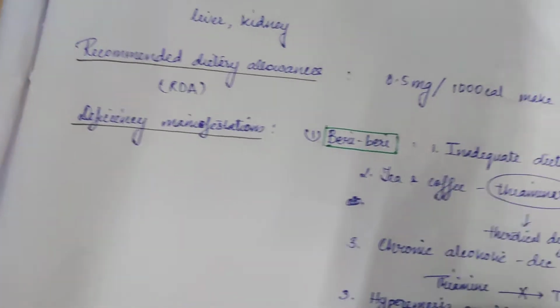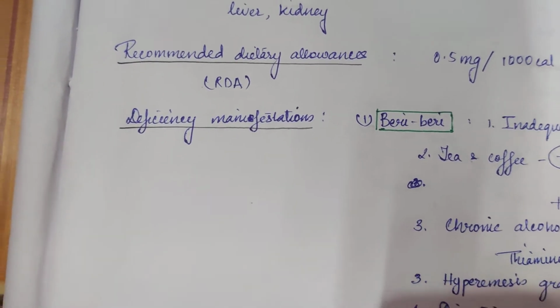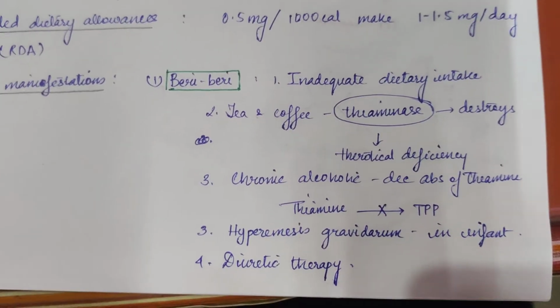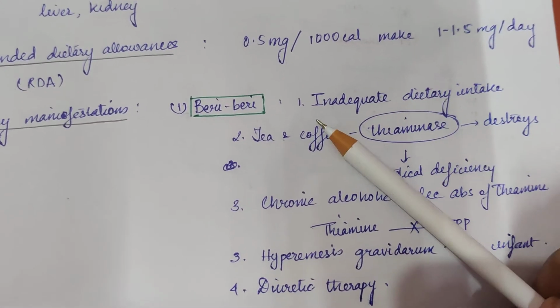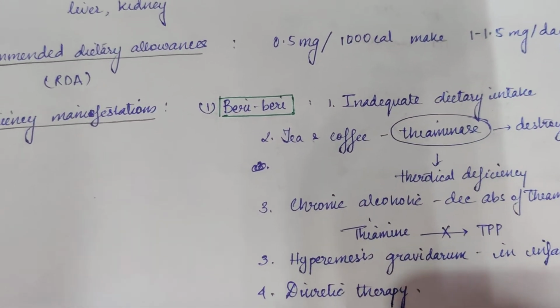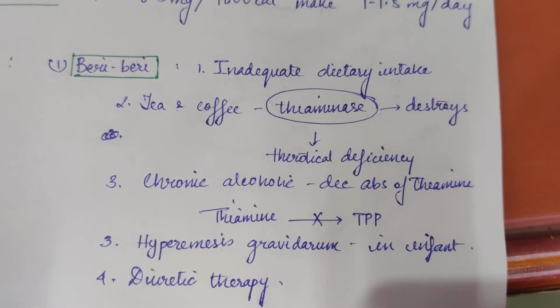Next we have the deficiency manifestations. What are the diseases caused by deficiency of thiamine? Number one, the major disease caused is beriberi. Why does it happen, what are the causes? Inadequate dietary intake of thiamine.